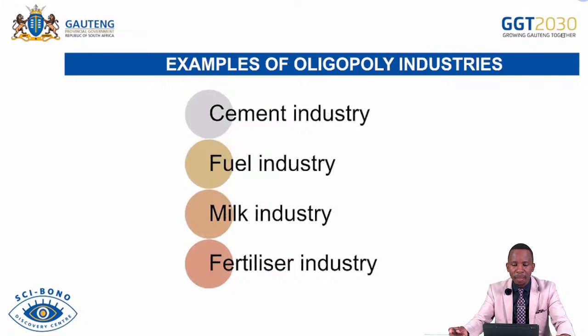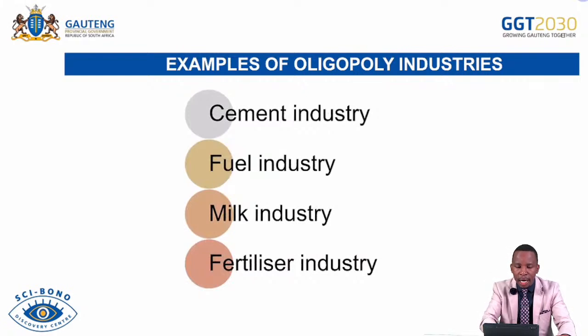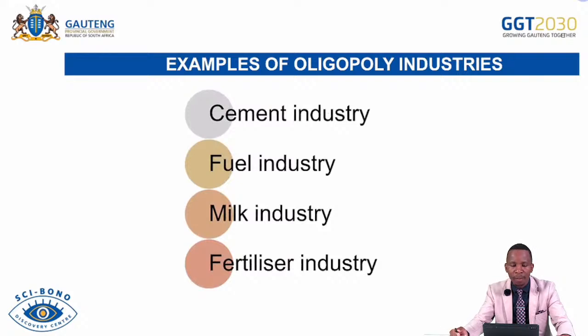So patents, a requirement of large capital, control over crucial raw material, and brand loyalty are some of the reasons which prevent new firms from entering the market. These are some barriers to entry that will always be there to prevent the entry of new businesses in the market.